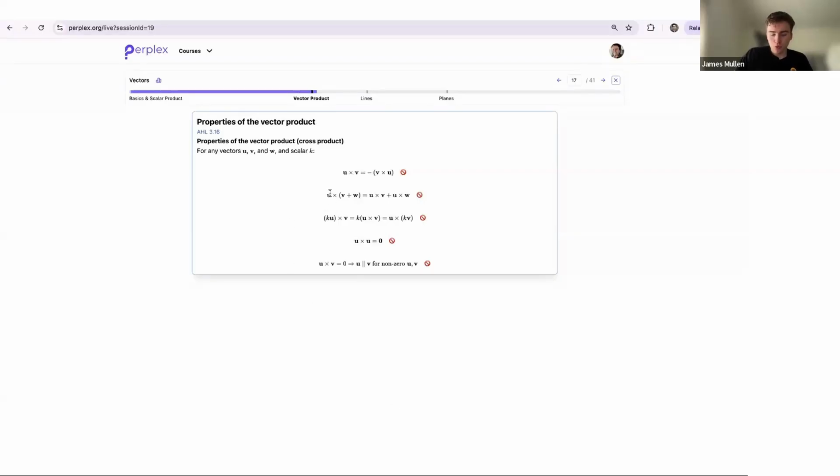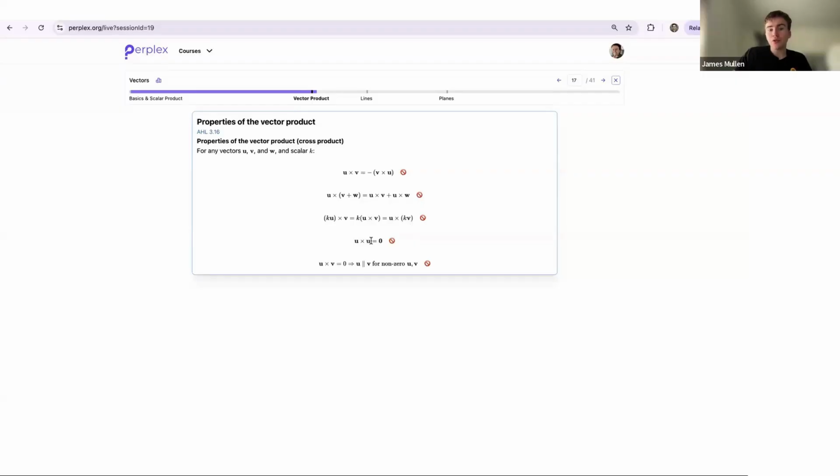Similarly, if I have u crossed with v plus w, that's going to be u cross v plus u cross w. So the vector product still does expand across brackets. And same thing for scalar multiples. If I have ku vector product with v, it's going to be k times the vector product of u and v. Also the same thing as u vector product with kv, same thing.